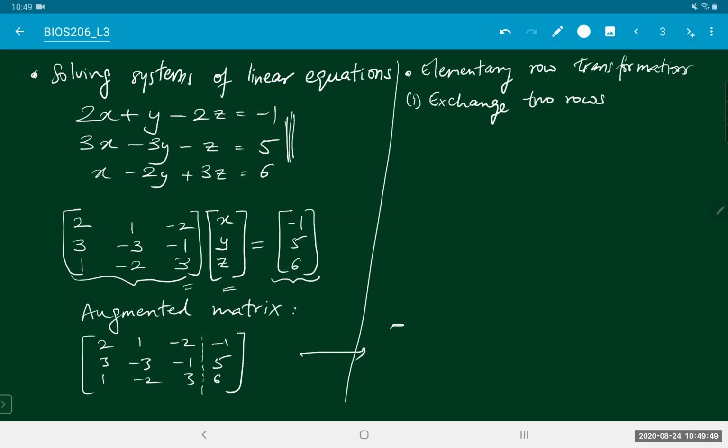So for example, over here, I might call this... So I've basically interchanged the second and the third rows. And that's okay. The meaning of the equation still remains the same.